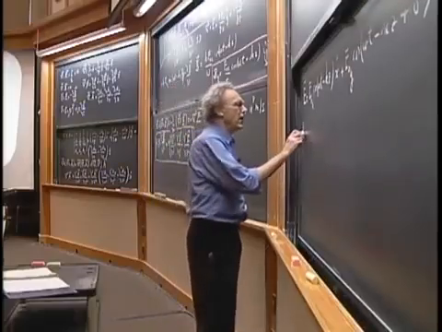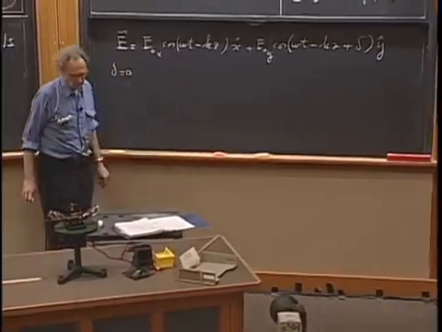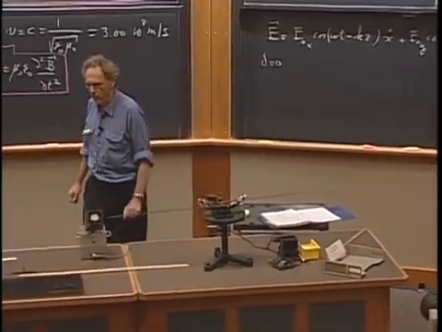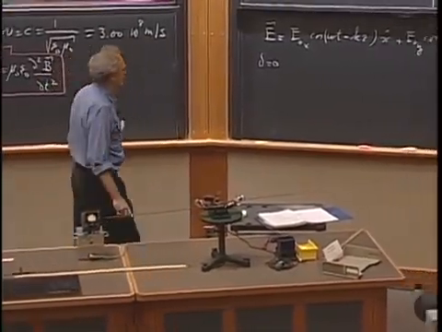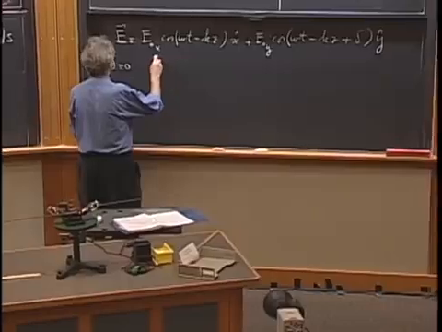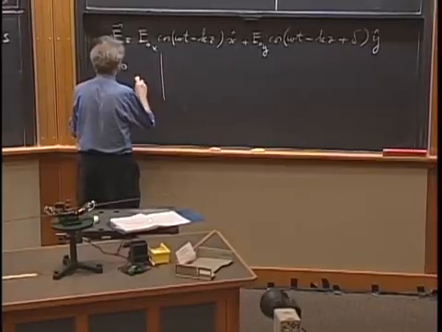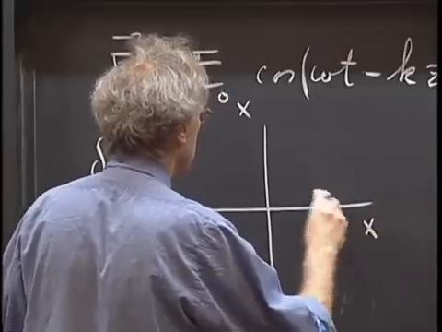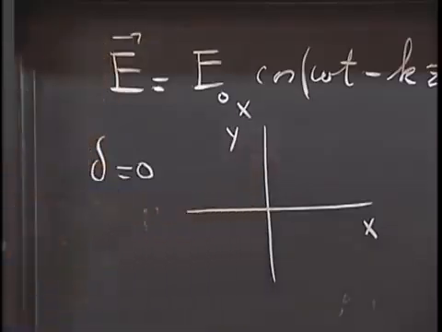If now we make delta equals 0, you still have linearly polarized radiation. Look at the xy plane. This is x, and this is y, and the radiation is coming straight to you.